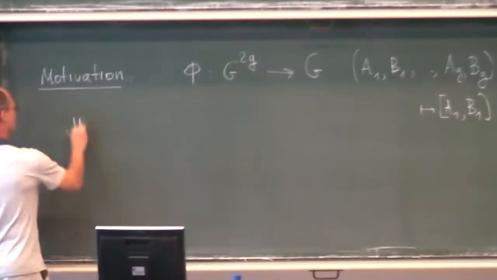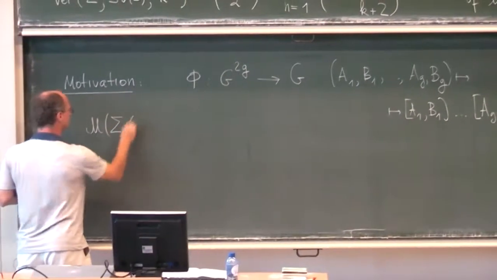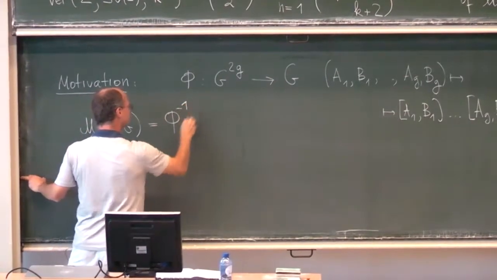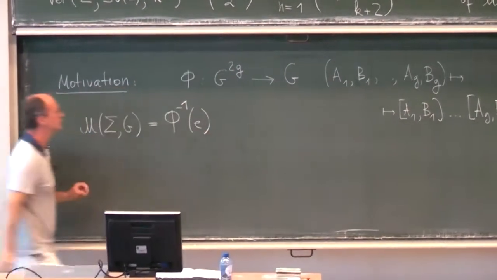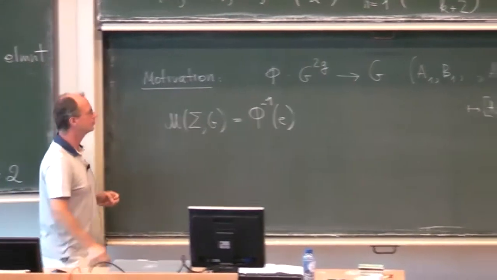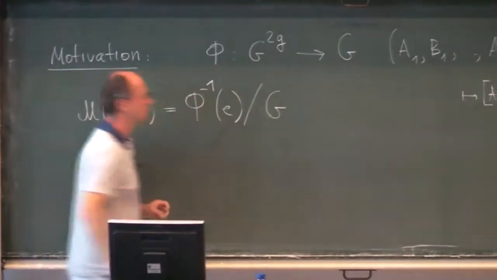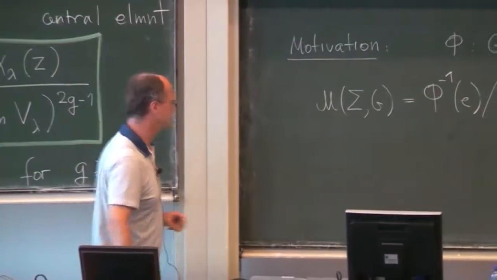So then the moduli space, at least for a closed surface, it looks like the inverse, the fiber of the group unit, the inverse image of 1 divided by the group action.